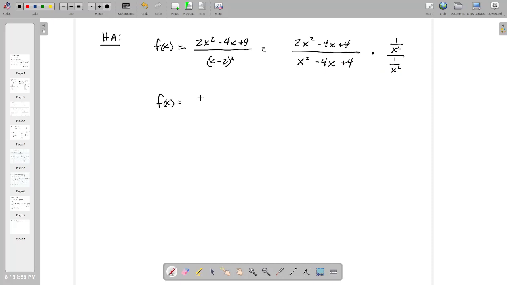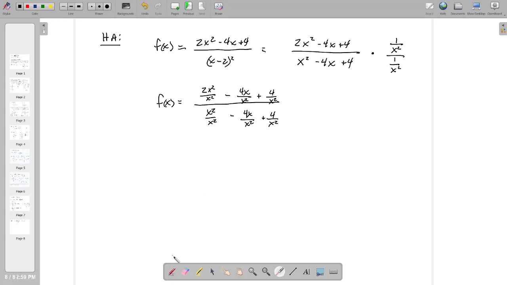So f of x will then become 2x squared over x squared minus 4x over x squared plus 4 over x squared, over x squared over x squared minus 4x over x squared plus 4 over x squared. We have this.